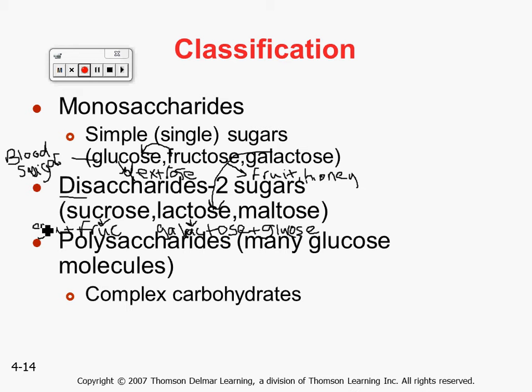Yes, two monosaccharides together make a disaccharide with an alpha bond. Easily broken? Yes, easily digested and absorbed. What about maltose? It's called malt sugar, right? We see this in the brewing industry. It's made up of what? Two glucoses. Yeah, glucose plus glucose.